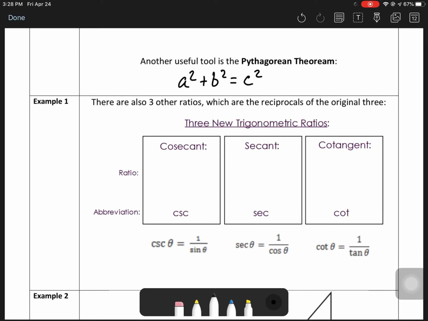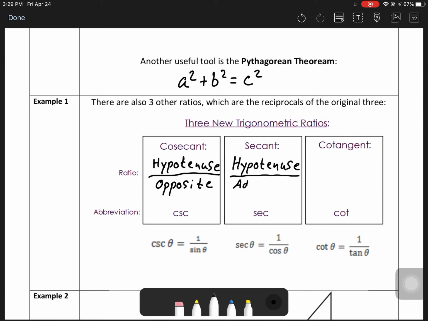Cosecant is actually the reciprocal of sine, and secant is the reciprocal of cosine. It's kind of backwards from what you would expect, but cosecant is partners with sine, which means if sine is opposite over hypotenuse, the reciprocal of that becomes hypotenuse over opposite. Secant is the reciprocal of cosine, so this one becomes hypotenuse over adjacent.